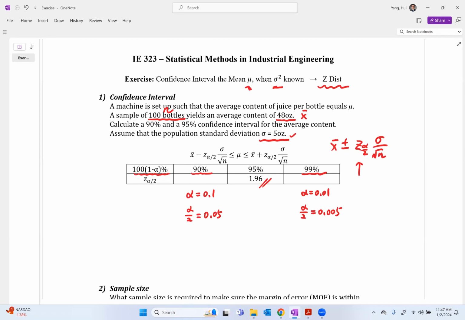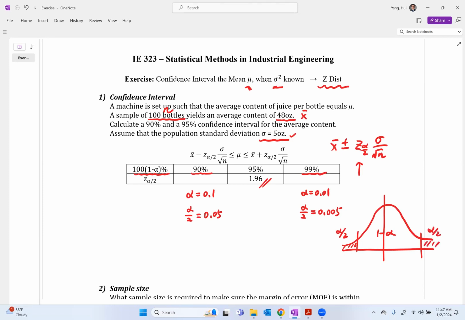Now, let's draw the normal distribution. This is normal, and we have 1 minus alpha in the middle. This is a two-sided confidence interval, so we have alpha over 2 on this side and alpha over 2 on this side.